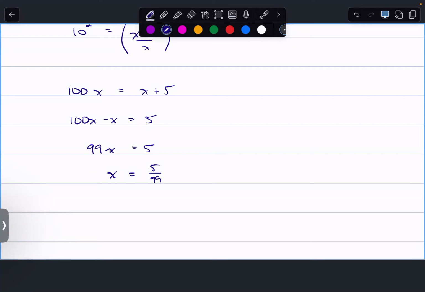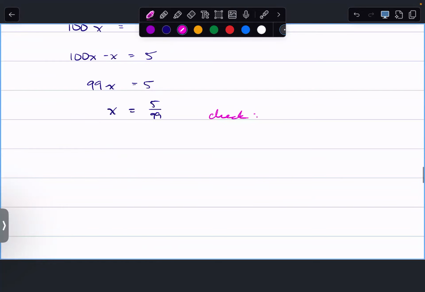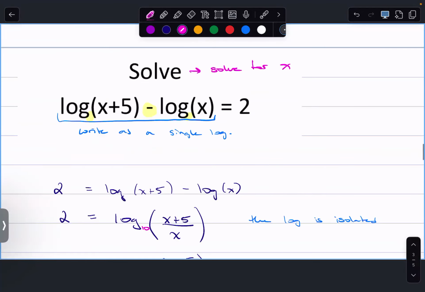We need to check, right? I can't take the log of a negative number nor a 0, right? And so we need to check that we had here, we're taking the log of x and the log of x plus 5, right? But x plus 5 is always going to be bigger than x. And so if you think about the domains of each of these, x plus 5 has to be greater than 0, but also x has to be greater than 0.